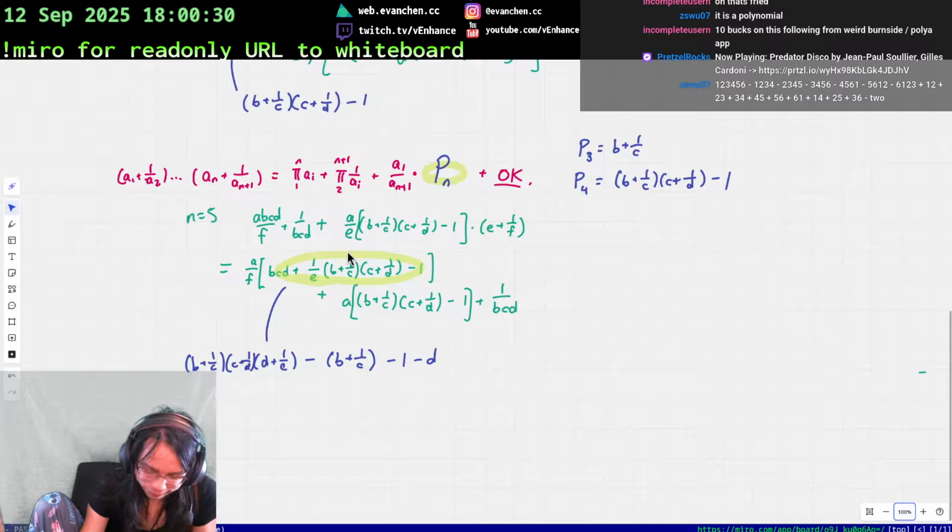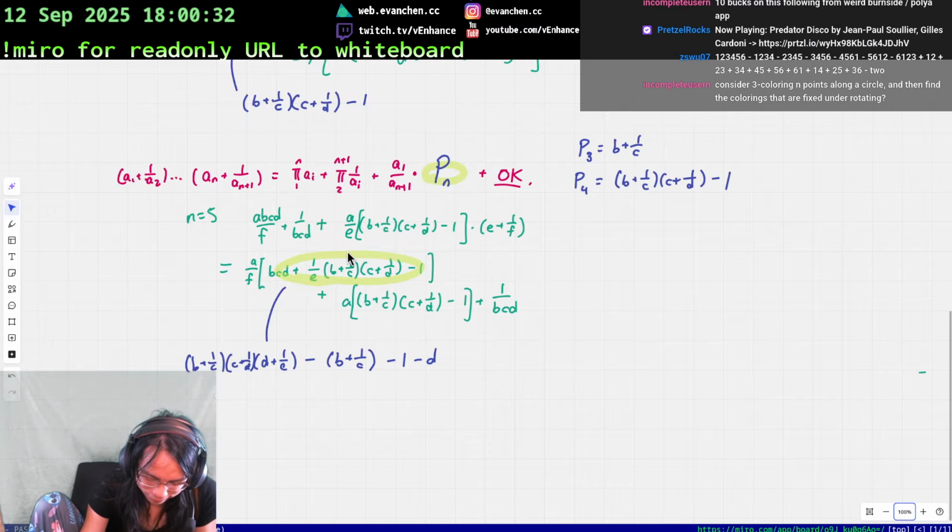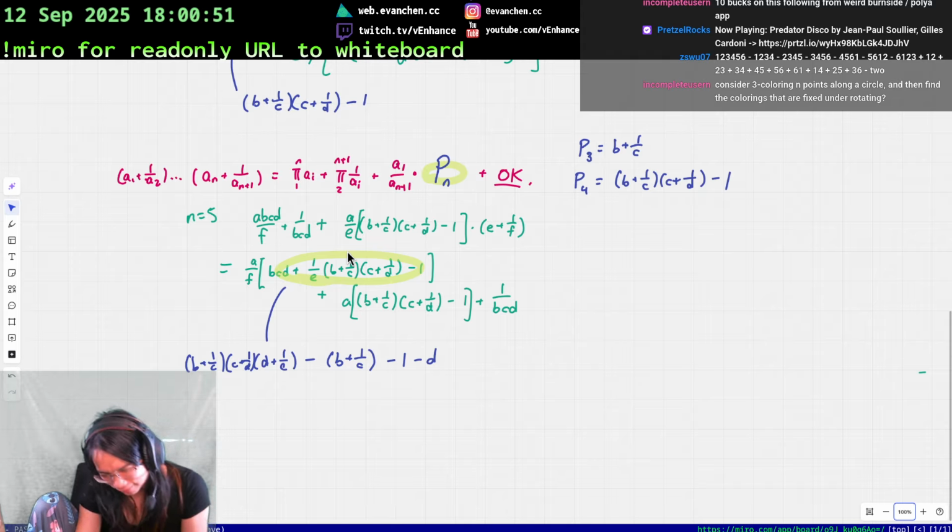I really don't want this to be correct, but I think this might be... if the blue thing I wrote down is correct, then this can't work. Really? Oh, alright.